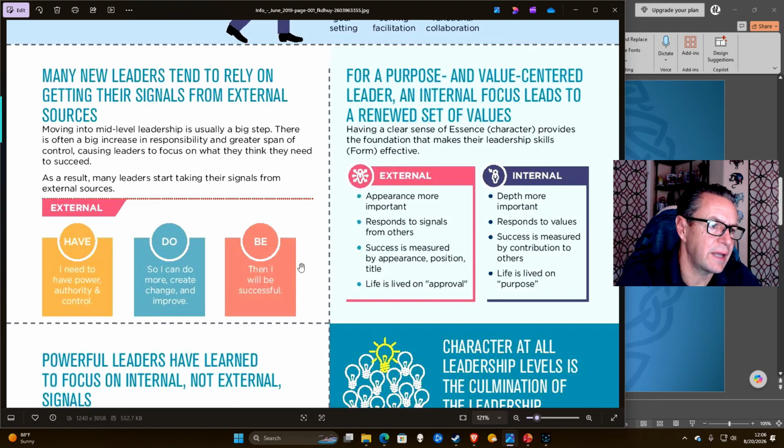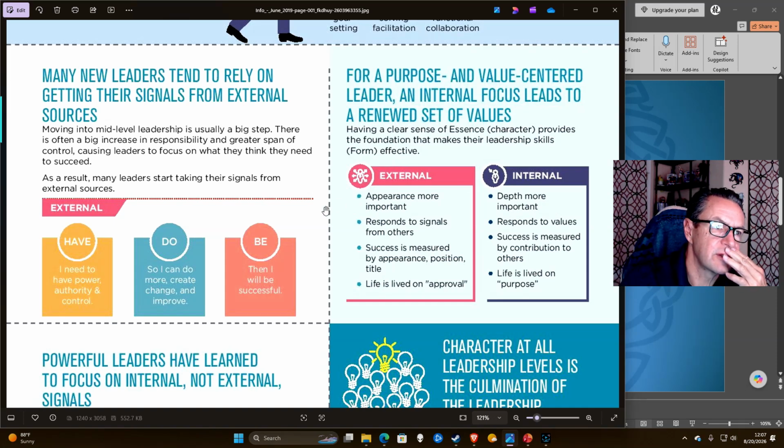How is that somehow negative? And then I need to have power and authority to control so I can do more, create, change, and improve, and then I'll be successful. I don't know who thinks that way. A management type might think that way, but a leader is, what can we do to make the team better? Somebody who's got the innate talent is going to inherently react or try to improve everything.